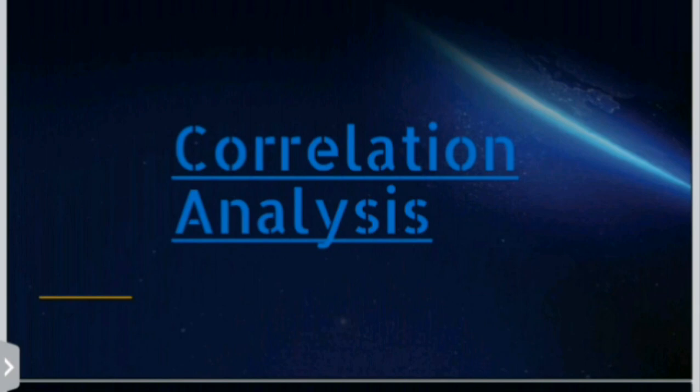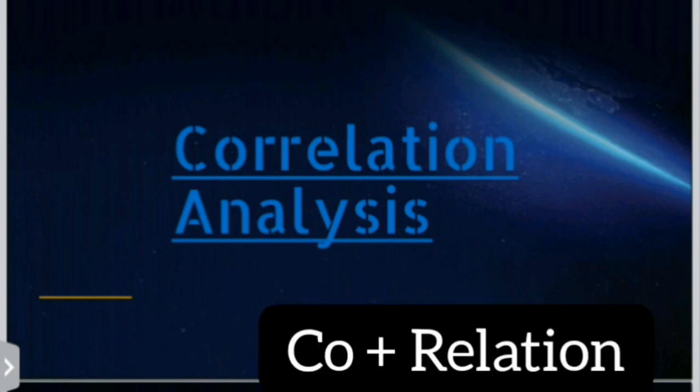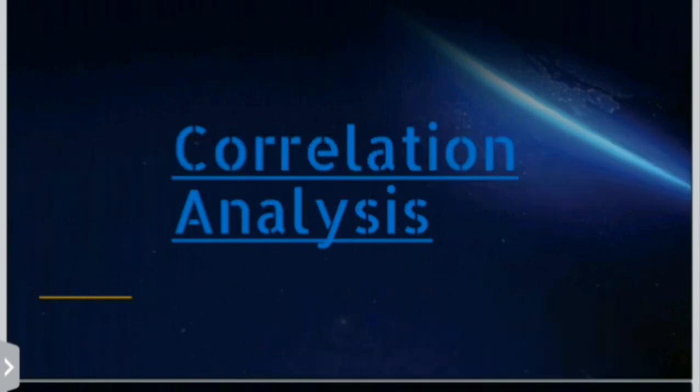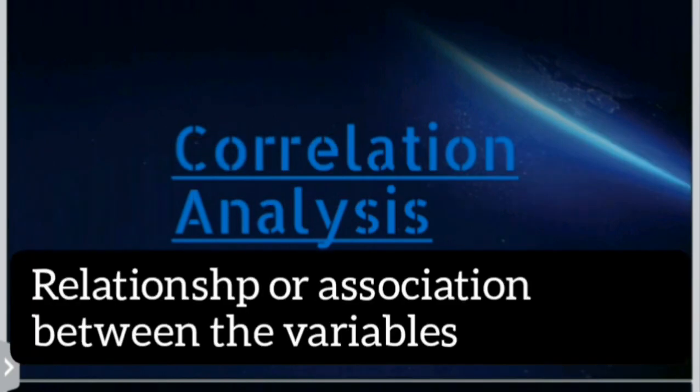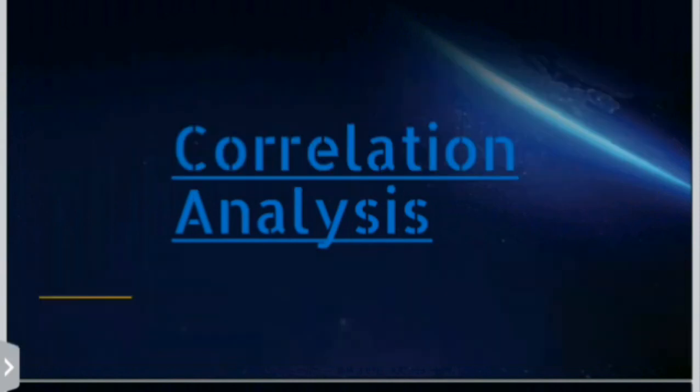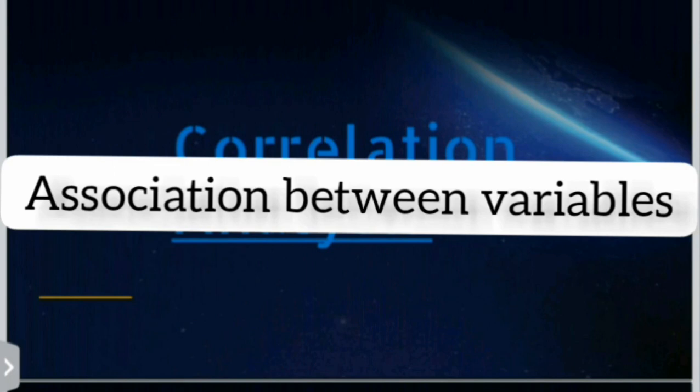Correlation is a combination of two words, co plus relation. So it means relationship with one another. So in correlation, we study the relationship or association between the variables. It means we analyze how one variable moves according to the movement of another variable. Okay, so simply speaking, in correlation, we study the association between two variables.